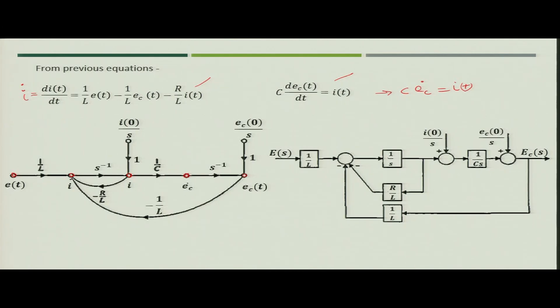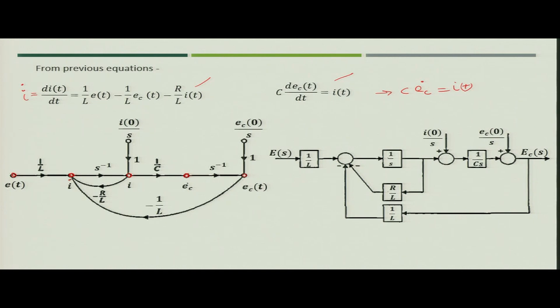Now you have got all the nodes which are required to represent the signal flow graph. From this equation you can see that I dot is equal to 1 by L into ET minus 1 by L ECT minus R by L IT. So, now we will connect the nodes and use the gain formula here.